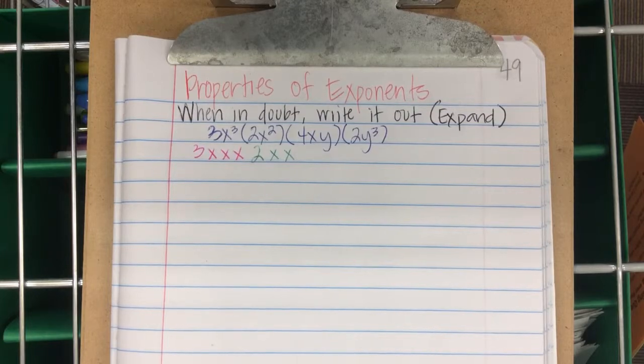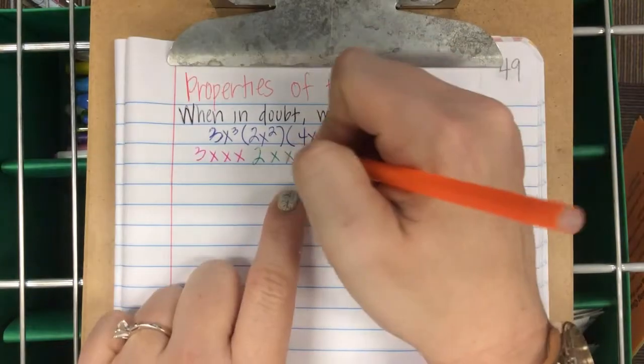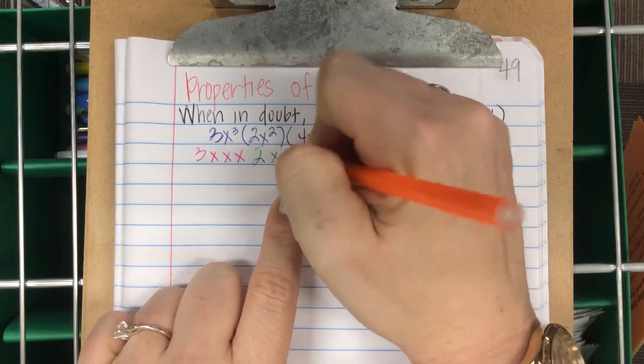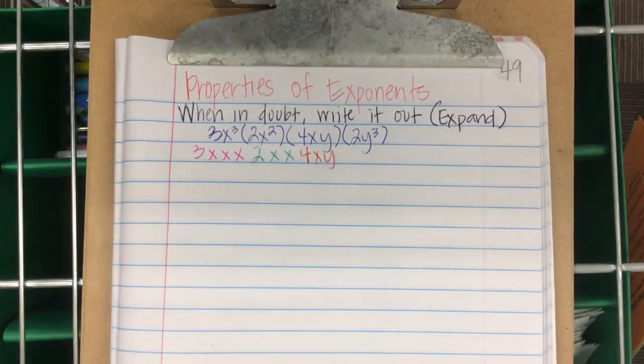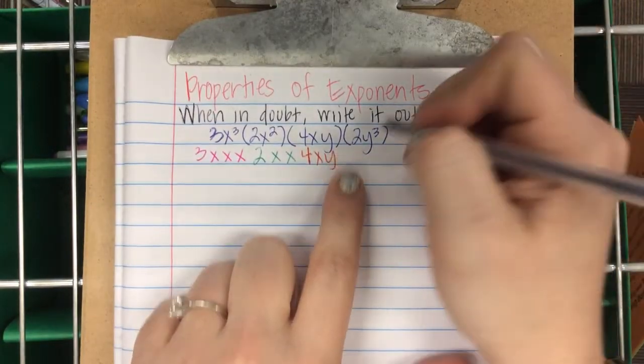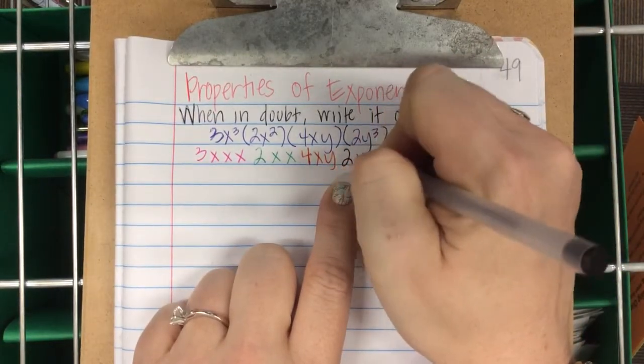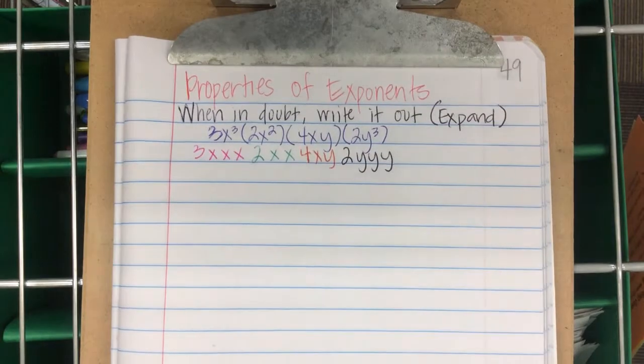And 4xy expanded is just 4xy. That's already expanded because there aren't any exponents in it. And 2y to the third is 2y, y, y. I expanded it. I took out all of the exponents and I wrote it in expanded form.